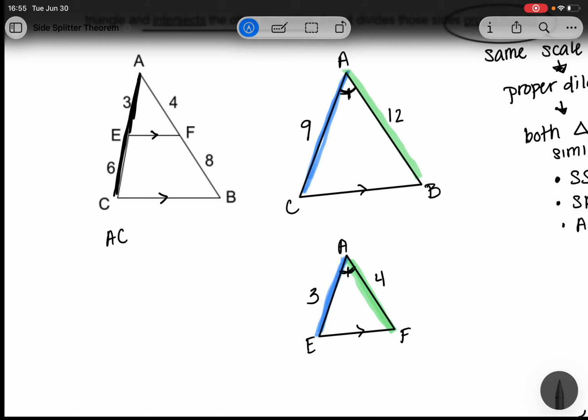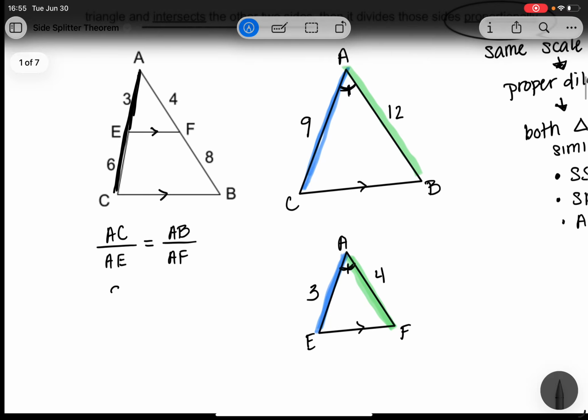So AC over AE. If you wanted to, you could do AE over AC. You could also do AC over AB equals AE over AF. Completely up to you as long as the sides stay corresponding. And then we're going to set this equal to AB over AF. AC equals 9, AE is 3, AB is 12, and AF is 4.